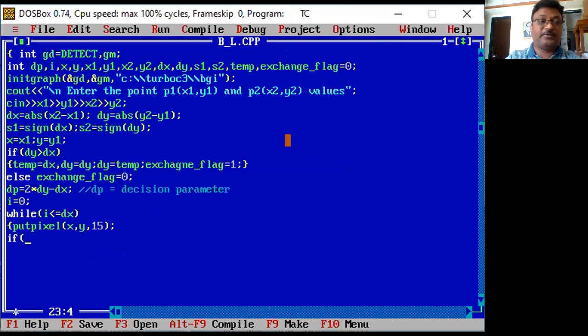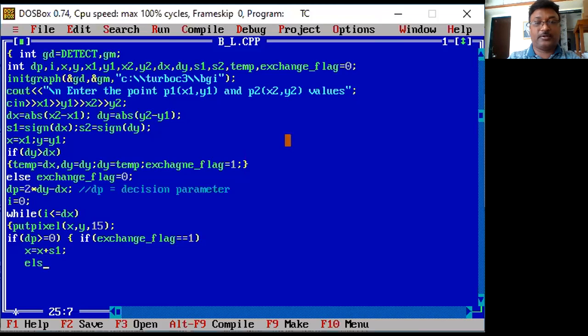If this dp, whatever decision parameter you have calculated, is greater than or equal to 0, and if exchange flag is equal to 1, that is exactly 1, then what you can do, x is equal to x plus s1.